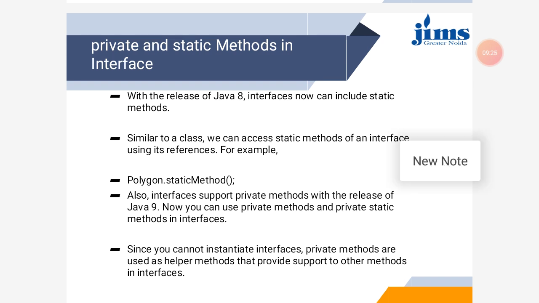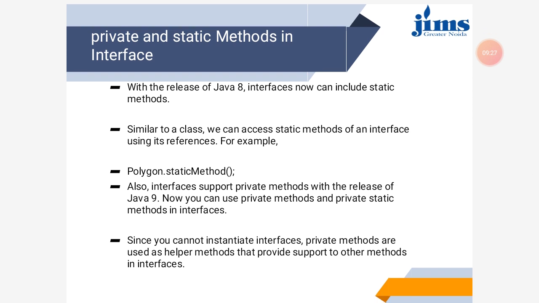Private and static methods in interface. As discussed before, before Java 8 there were no such facilities available, but in recent versions of Java it is possible. So static methods are also there, and you can call that method with the help of the interface name.